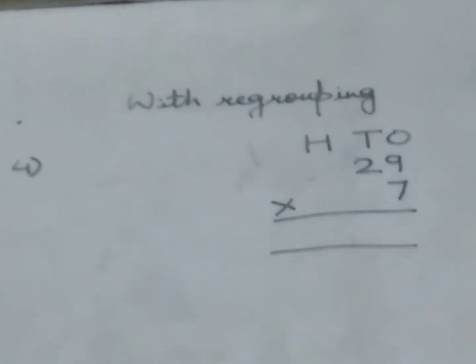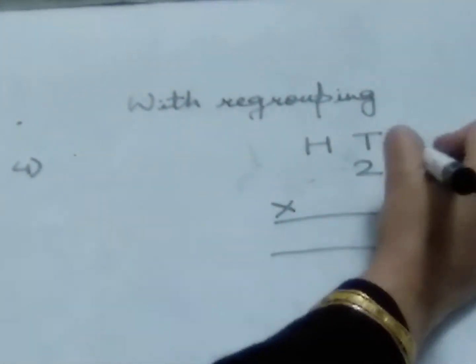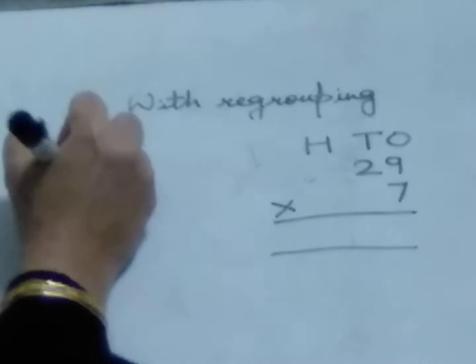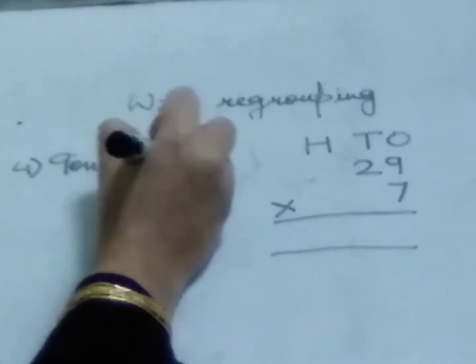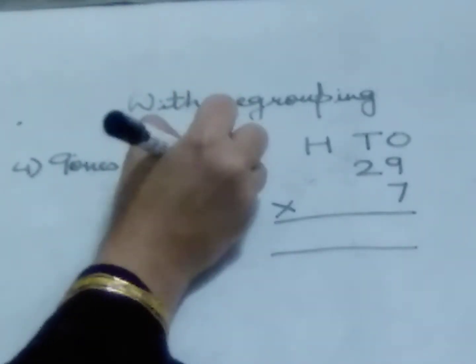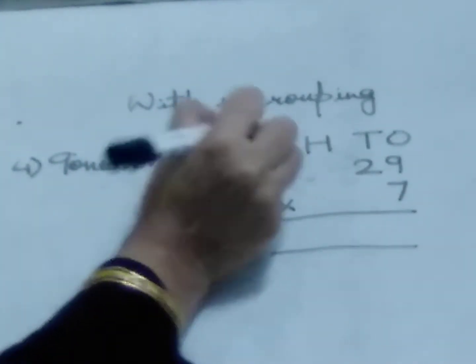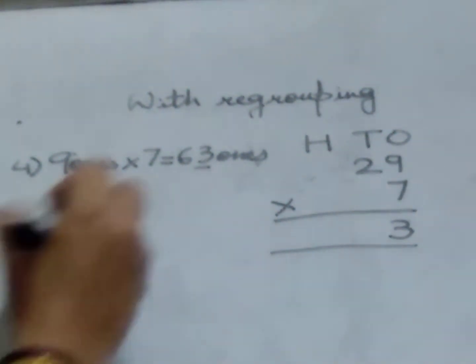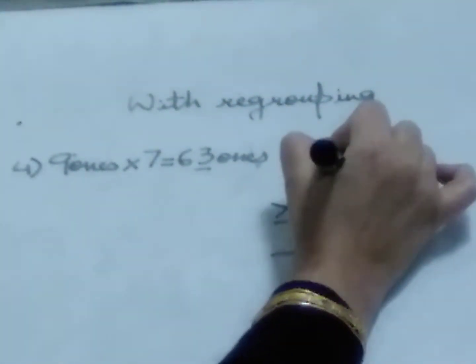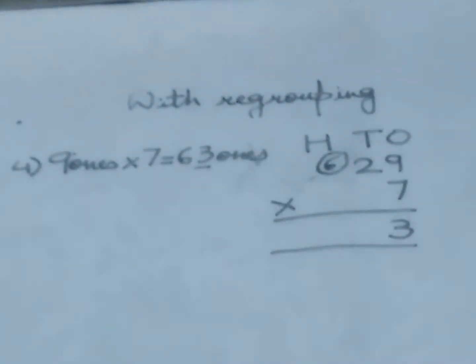So multiply the ones first. Here ones place it is a 9. 9 ones multiplied by 7 is equal to 63. 9 sevens are 63, 63 ones. Now write this 3 in the ones column and carry 6 tens to the tens column.